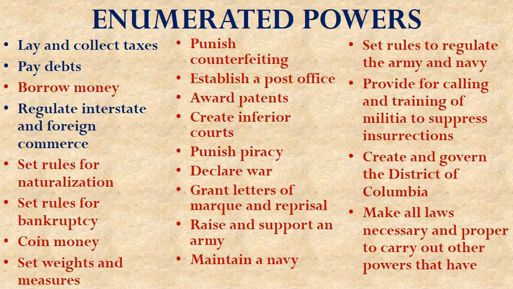Another power specifically enumerated in the Constitution is the power to regulate commerce, specifically foreign commerce, commerce with Indian tribes, and what we call interstate commerce, or in other words, commerce among the states, things being bought and sold that go across state lines. This is another thing that was put into the Constitution specifically to address major concerns under the Articles of Confederation.